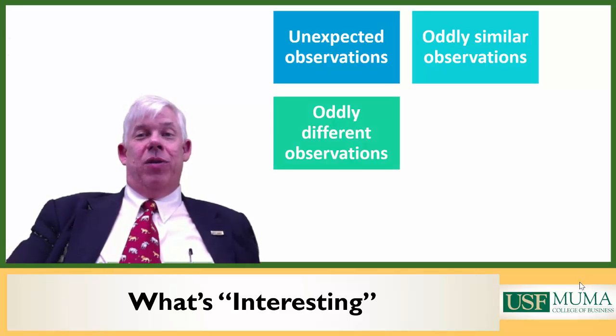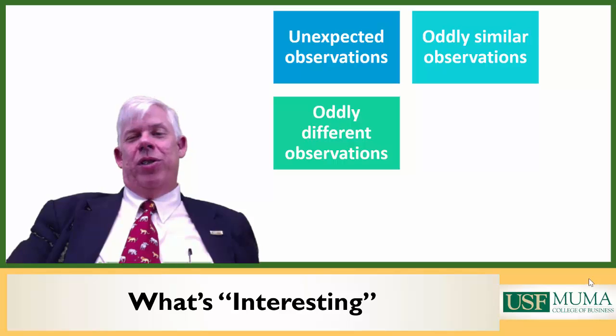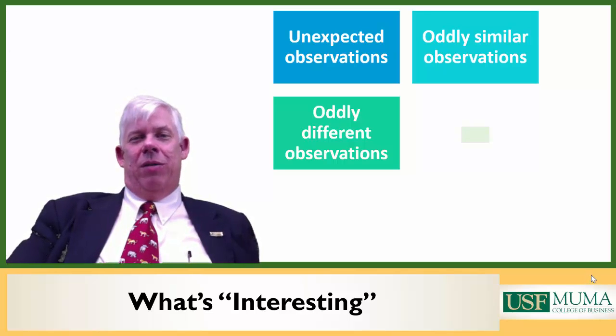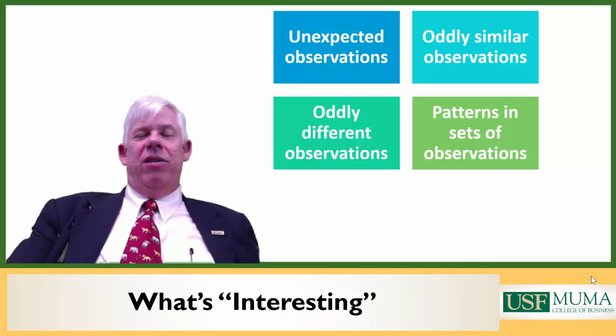Oddly different observations are interesting. If we have two very similar contexts and wildly different outcomes, that's interesting. That's evidence of a very rugged fitness landscape where tiny differences in attributes can produce big differences in outcomes. Patterns in sets of observations can be very interesting.